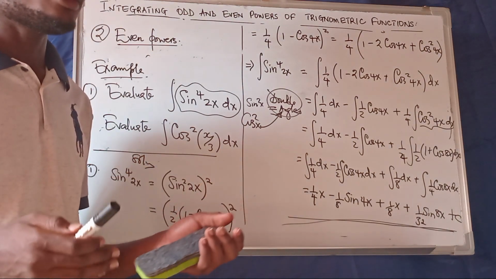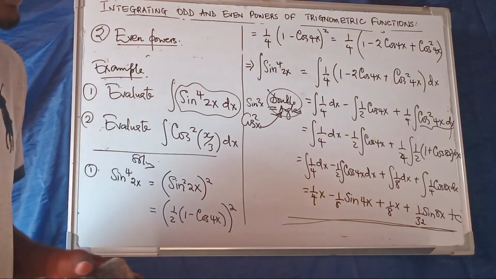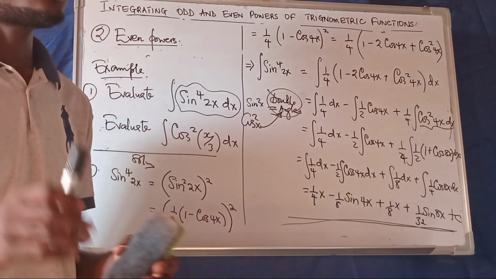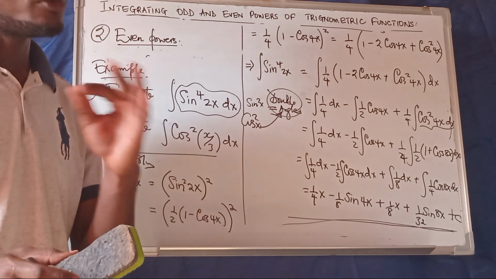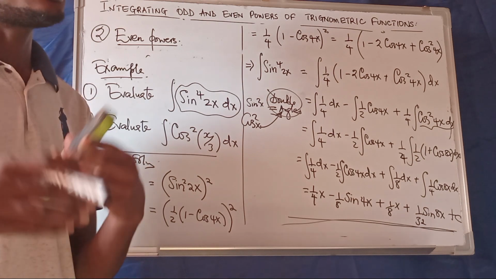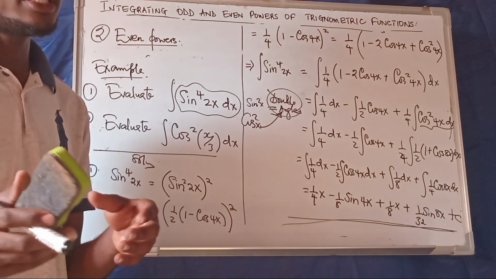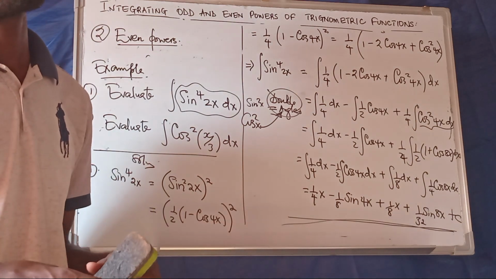Whenever you're given a trigonometric integral, first look at the power. If it is an odd power, you follow the steps that we have talked about in the previous video. If it is an even power, you simply follow the steps that I have talked about, and everything will be easy for you.